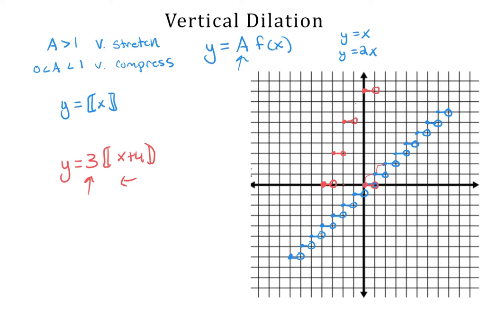And I can reverse it. So notice how I am stretching. I'm doing a vertical stretch of the parent function, and I am doing a horizontal shift of the function.